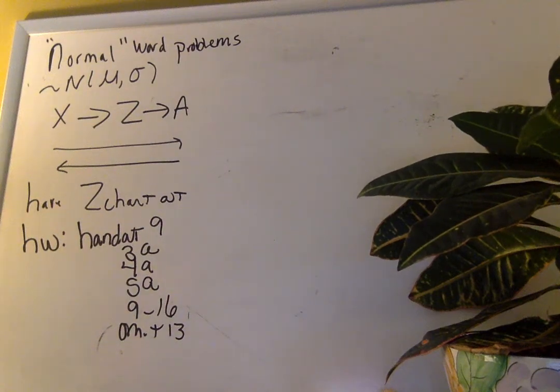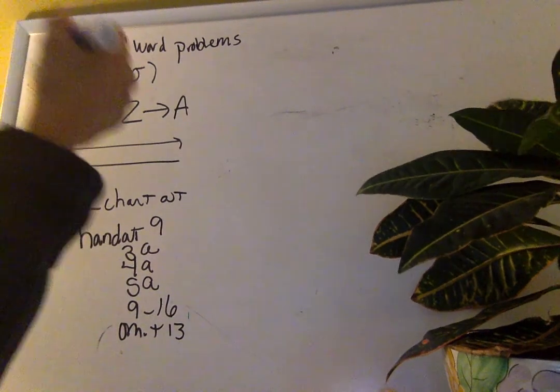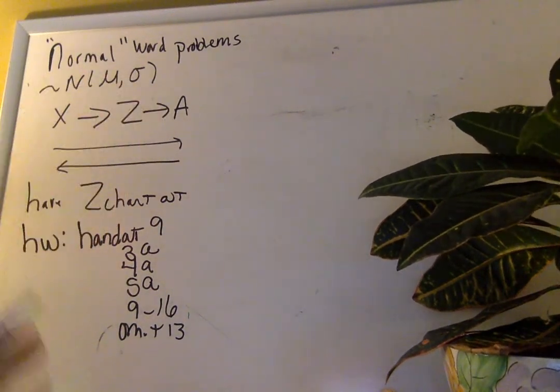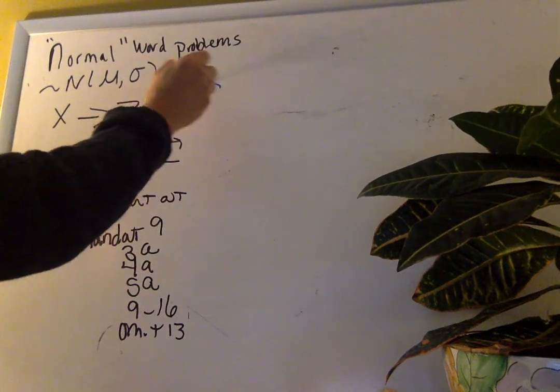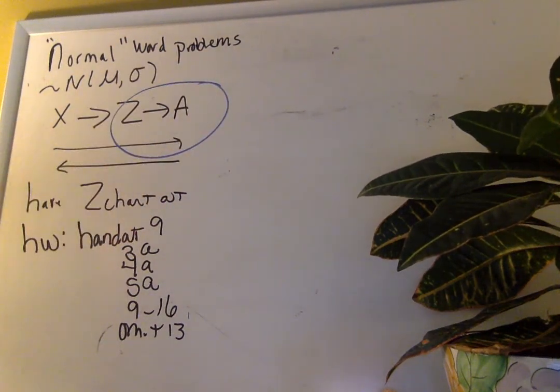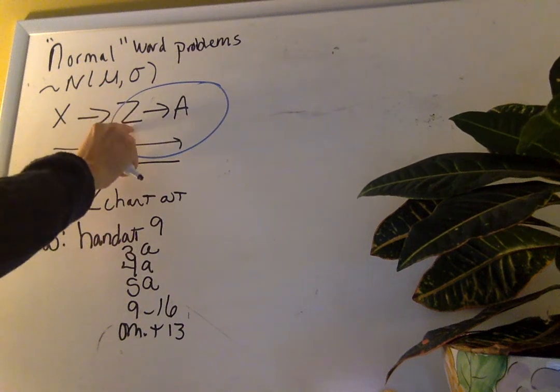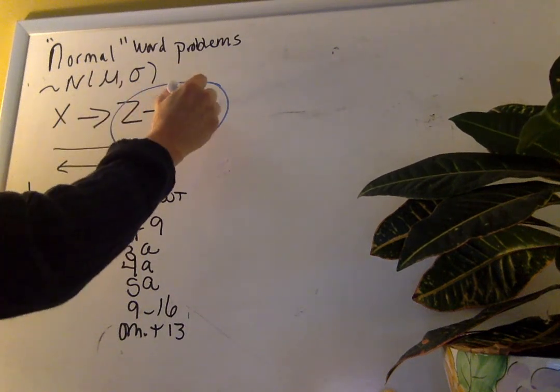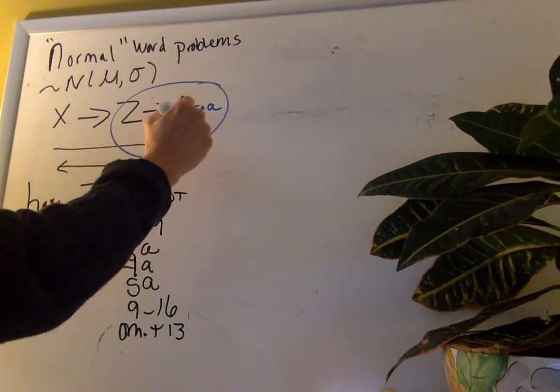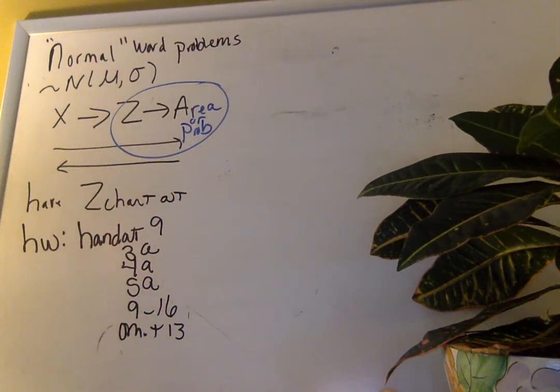Let me add in just a little bit more, trying to remind you. The video before this one only had you practice how to do that part. If you had a Z-score, how to look up the area. Remember, area is the same thing as probability. Or if you had area, how to get the Z-score. There was no context to that though, right? It was literally just how to use this piece of paper.